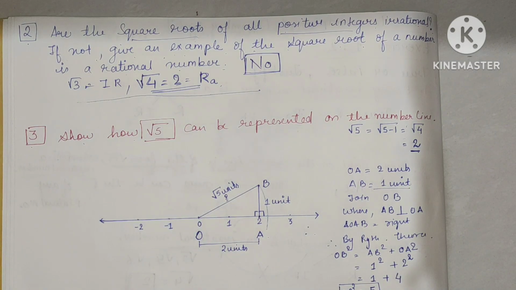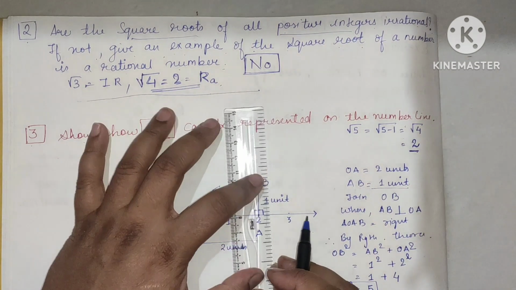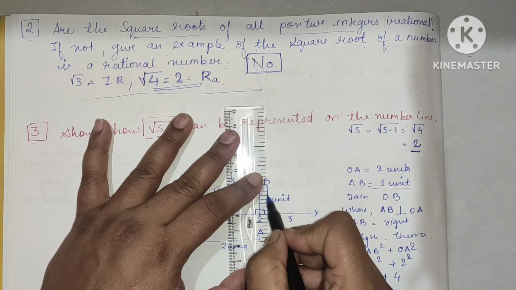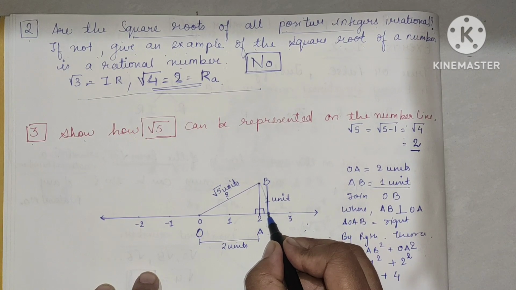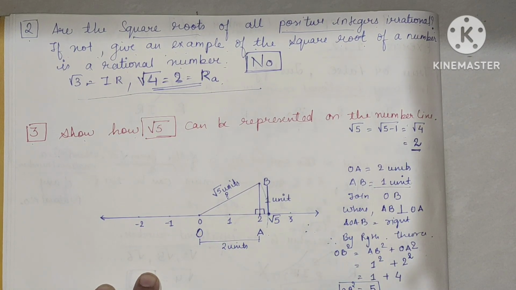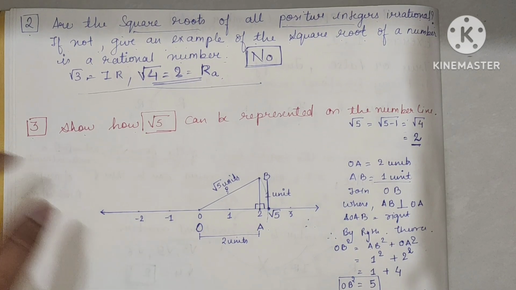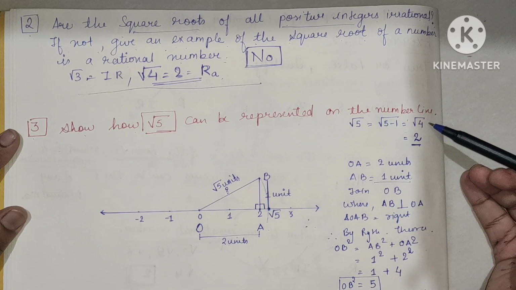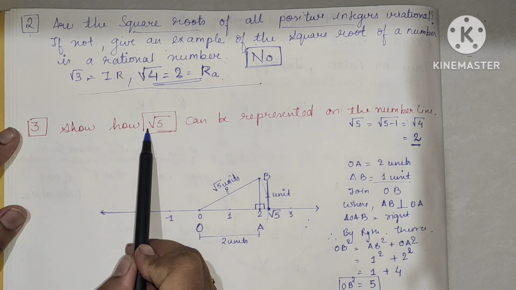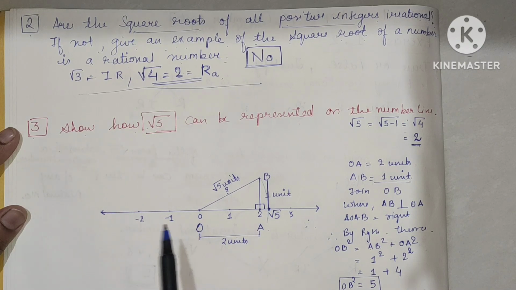So this point is called your root 5. If you follow these steps, any irrational number is easy to plot on the number line.